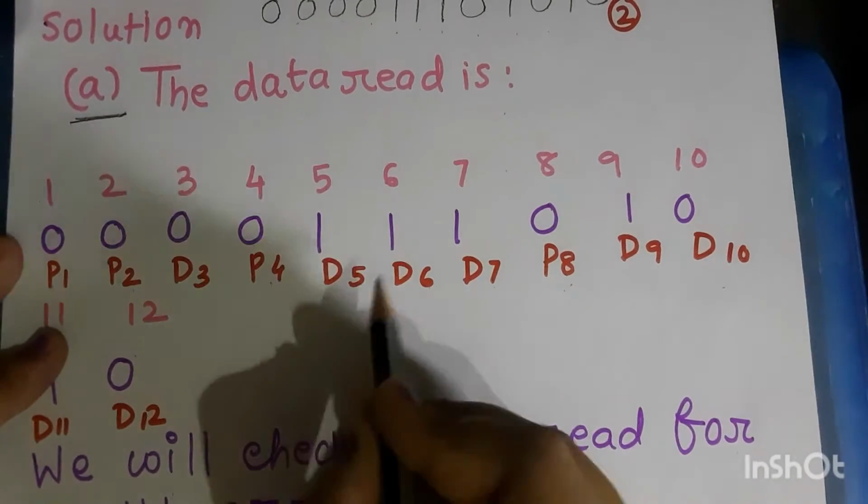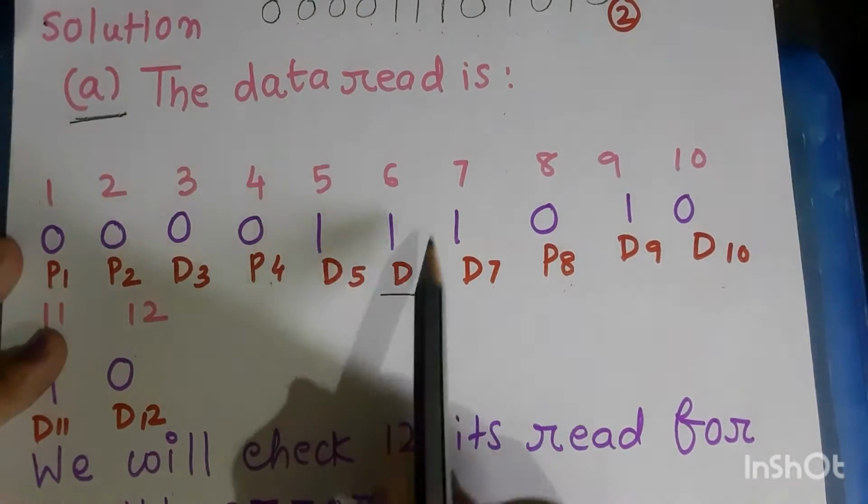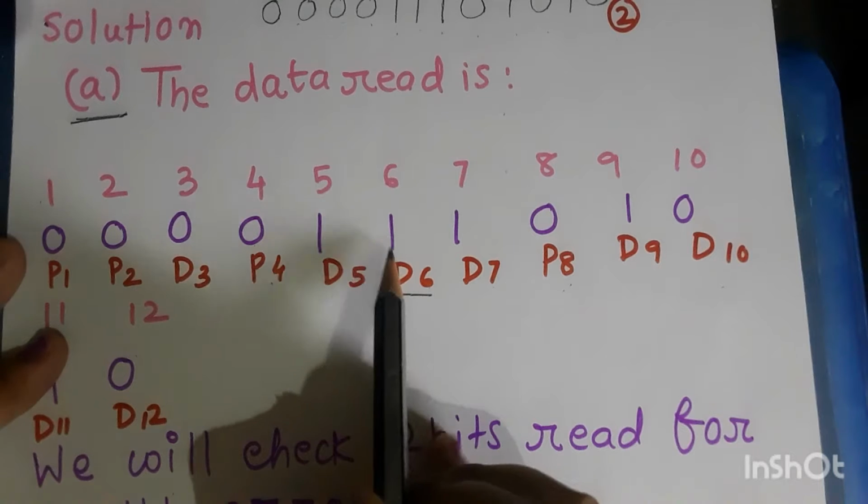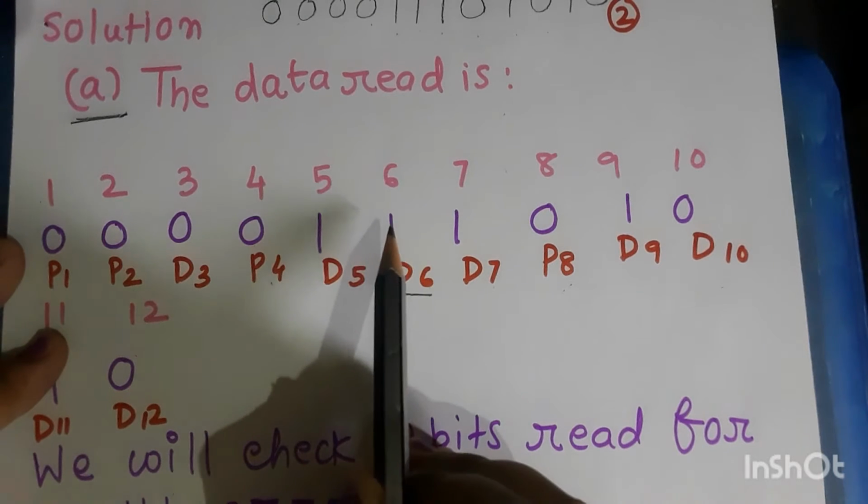So we have an error in the bit position D6. Here is D6, it was a data bit. It was 1, so I have to invert it and make it 0. That would be the original data read.